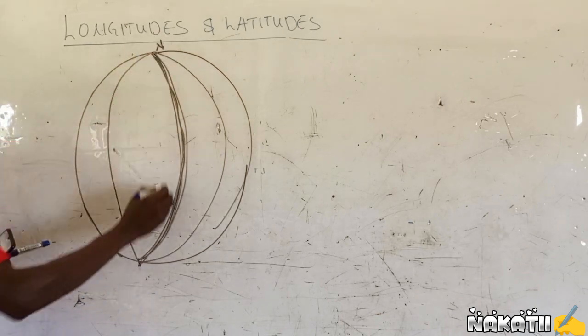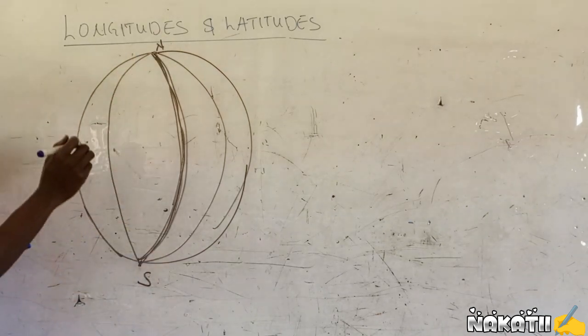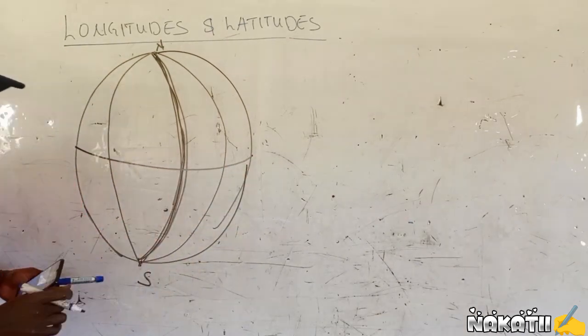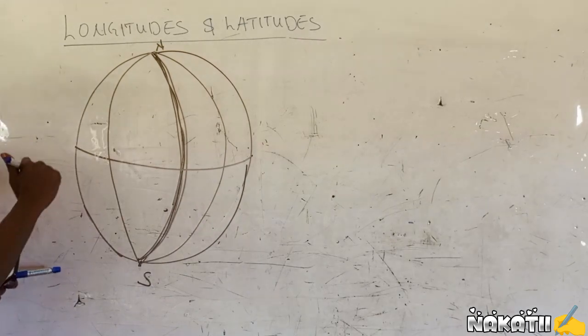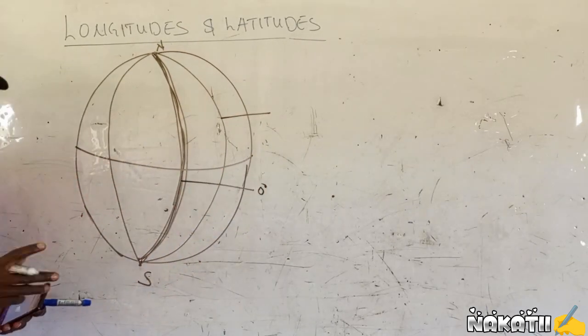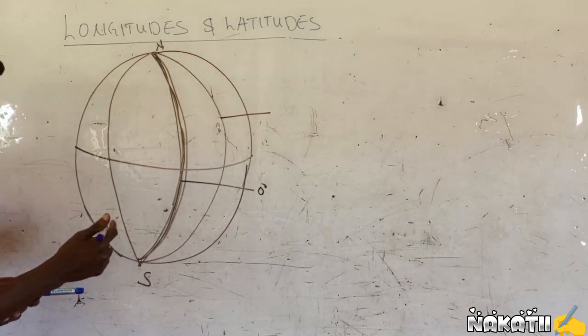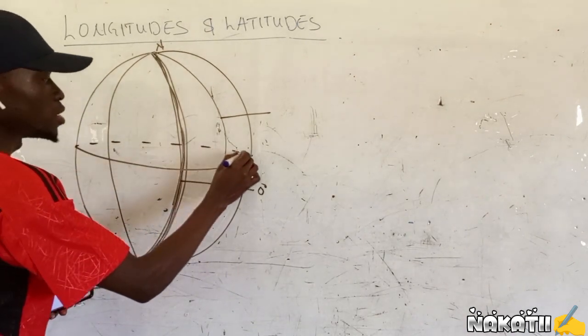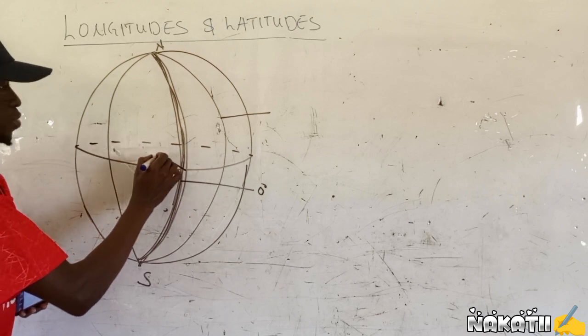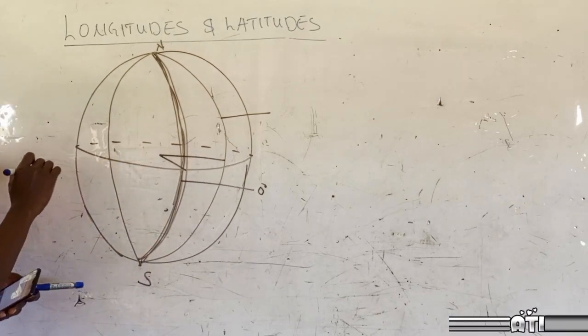So this is north and this one is south. And then this one can be my equator. I will talk about the equator at some point. So this one here is given 0 degrees, and it is used as a reference for other meridians. Then if this is our equator, I'm assuming this is the center of that equator.